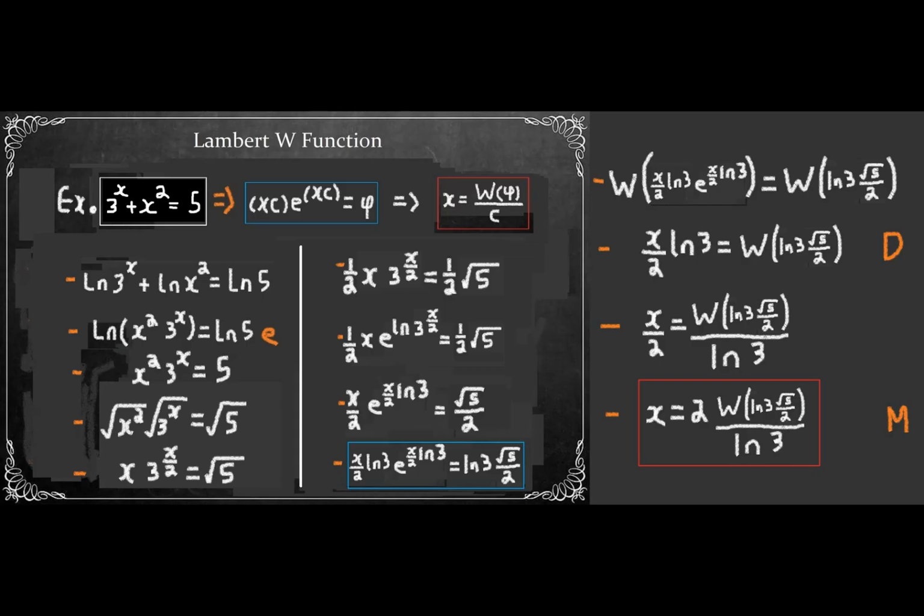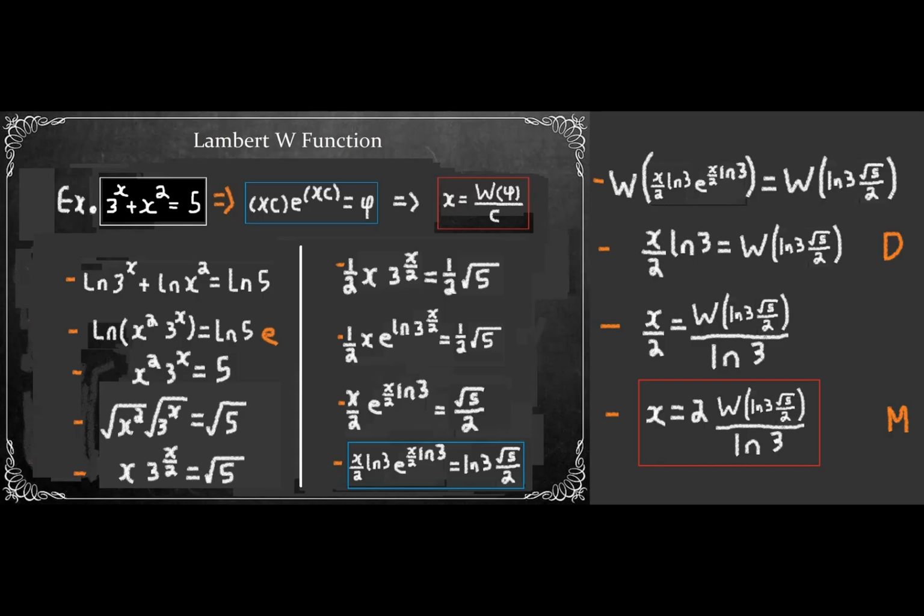We're left with x equals W of 5, and the equation is 2 times W of ln 3 times the square root of 5 over 2, all over ln 3. Our x, and there you have it, ladies and gentlemen. Our x is finally isolated.